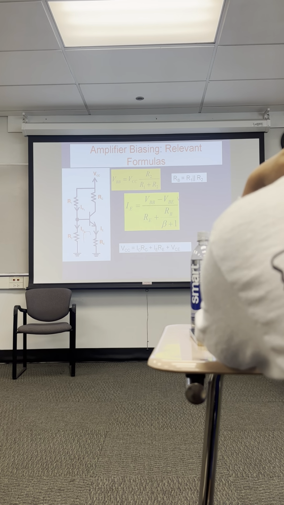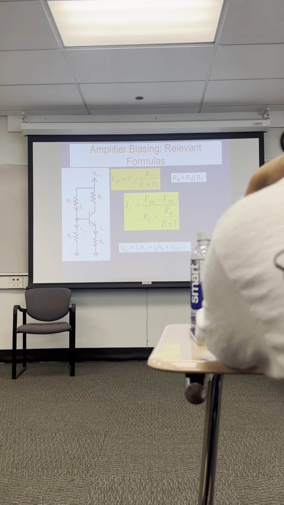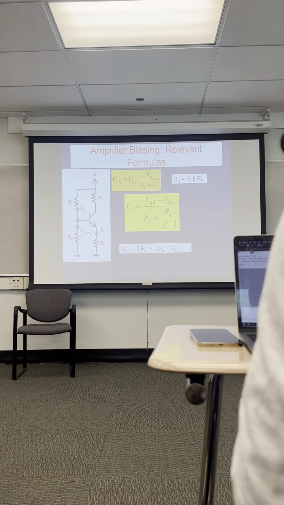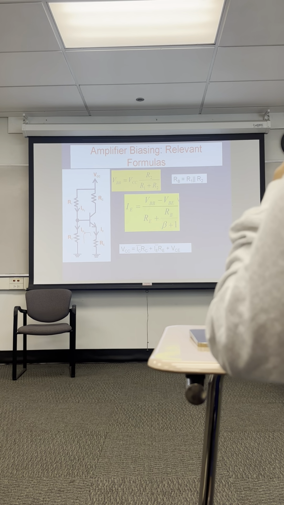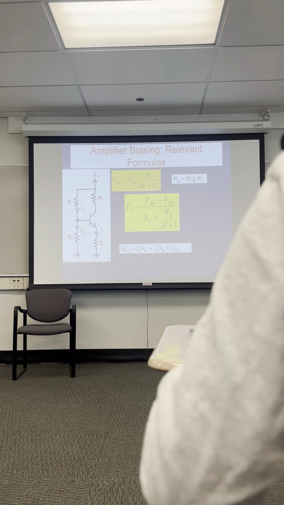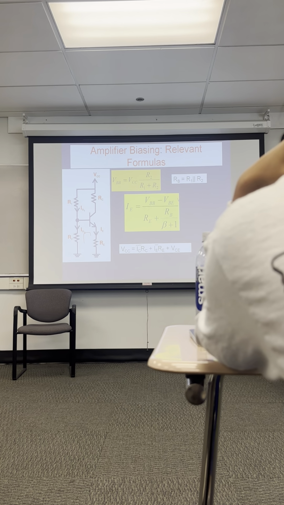And for the collector, the battery voltage is I sub C R_C plus I_E R_E plus V_CE. So the battery is 9 volts. These are all 3 volts, and they would sum up to 9 volts. So these are our basic formula sheet equations for this type of amplifier.